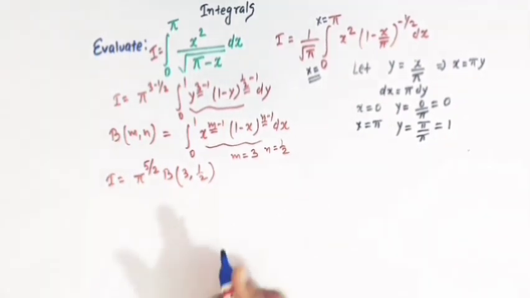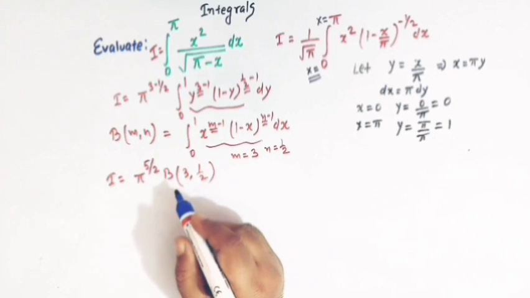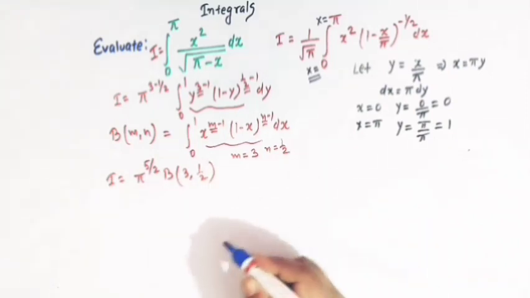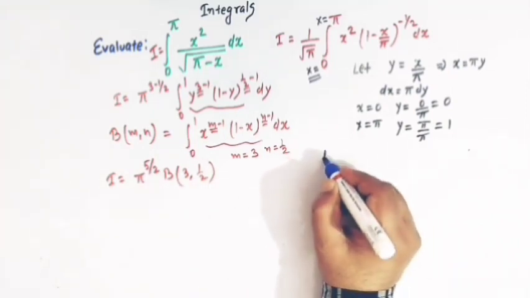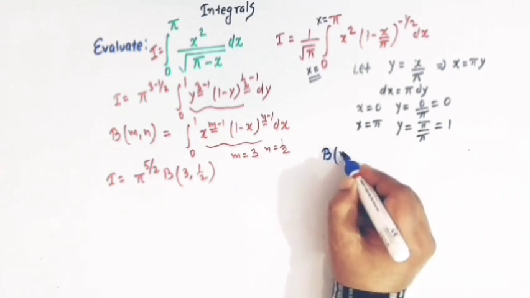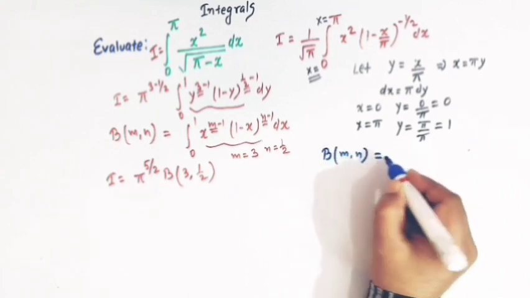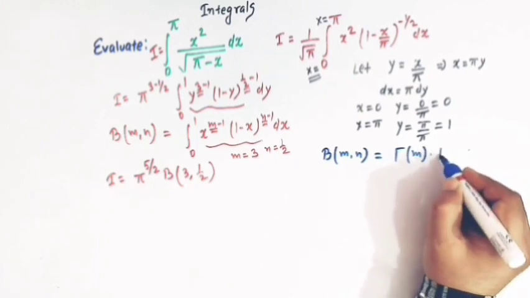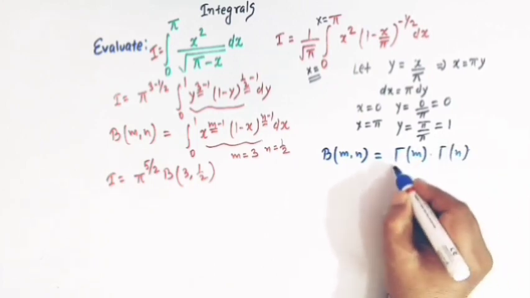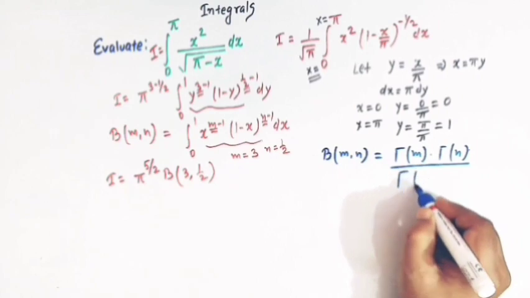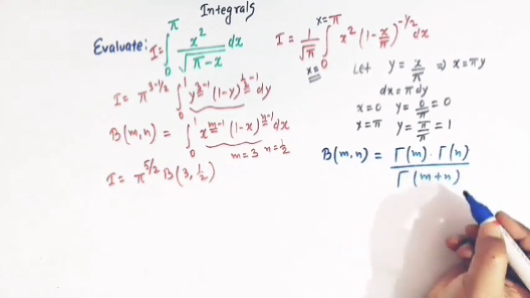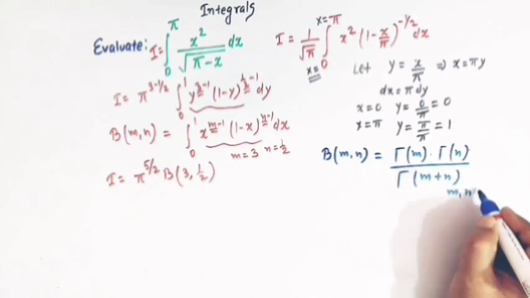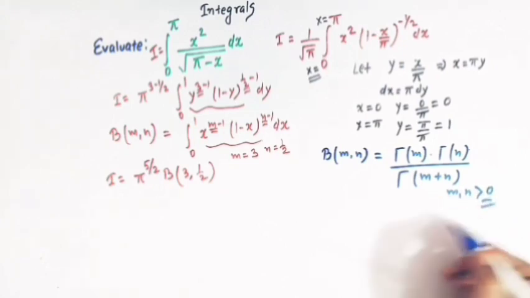Now let us make use of one important relation between the beta function and the gamma function, right? Beta of m, n is defined as gamma of m multiplied by gamma of n divided by gamma of m + n, where m and n are both greater than 0.